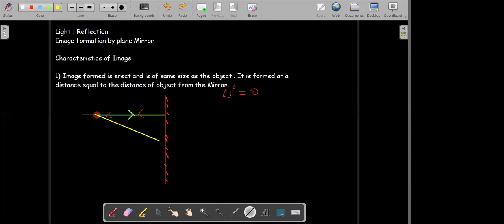So suppose it strikes it over here. Now at this point we want the normal also. So we'll draw here our normal. We'll draw an angle equal to the angle of incidence.